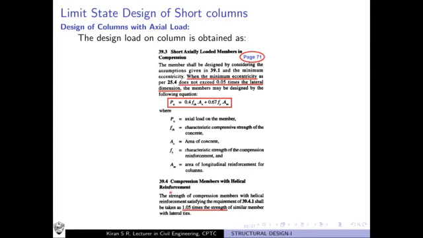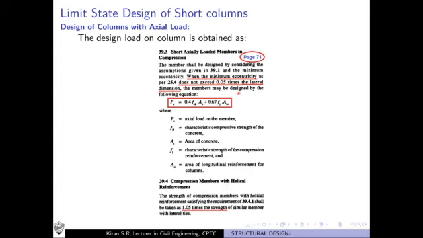So you just have to multiply 1.05 into within brackets 0.4 fck Ac plus 0.67 fy Asc, because by multiplying by this factor 1.05, we mean that compared to lateral ties, the helical reinforcement will contribute better to the strength of columns.